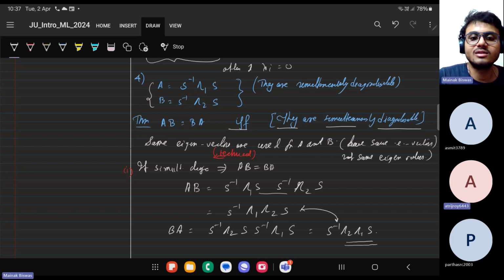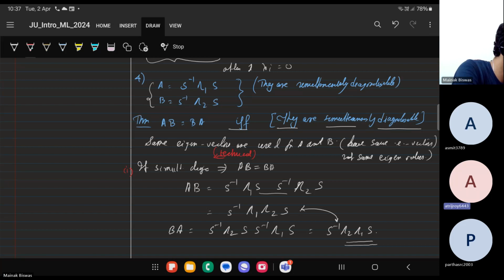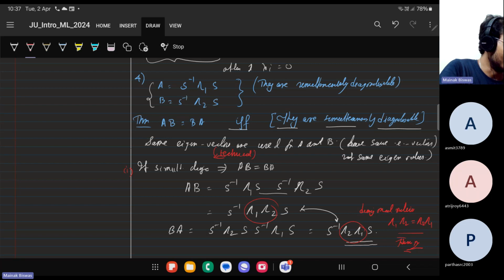But well, they are diagonal matrices now. Oh, yes. They are diagonal matrices. Lambda 1 lambda 2 is equal to lambda 2 lambda 1. Hence proved. Good.